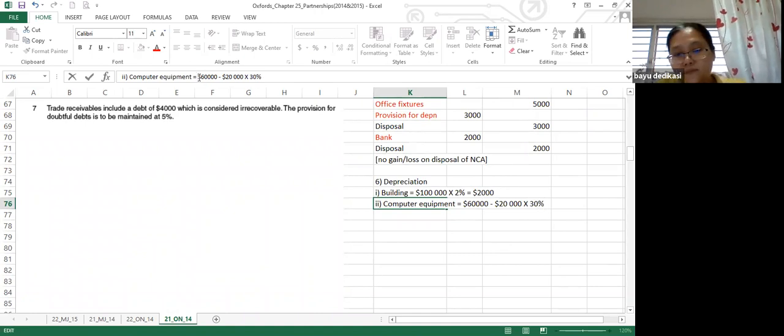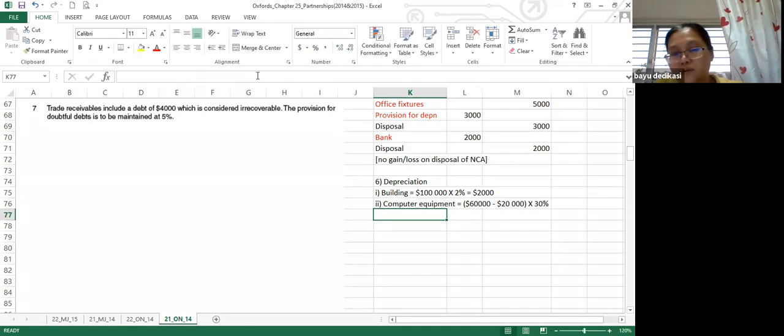So here this amount is 40,000 times 30 divided by 100, 12,000.